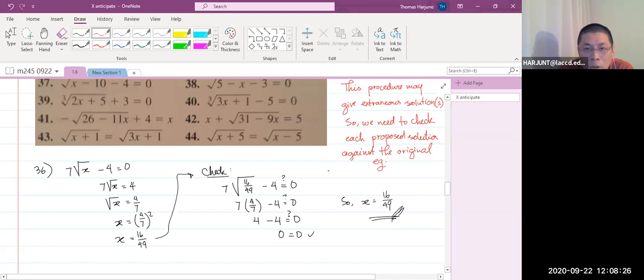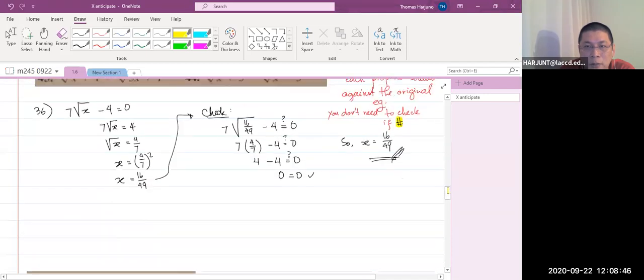You don't need to check if the term on the other side of the radical is a constant greater than or equal to 0.